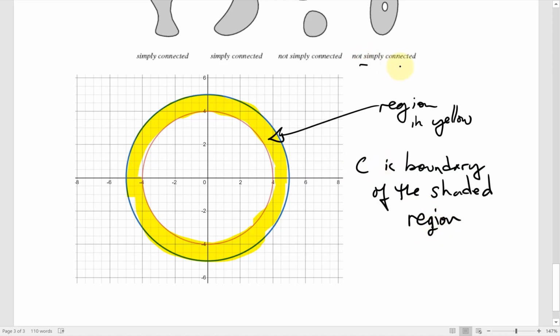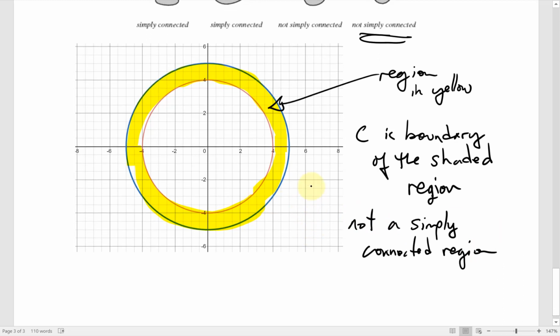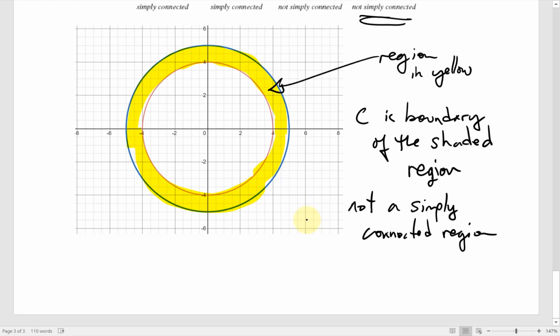So we're definitely looking at one of these not simply connected regions. However, we can still handle that because of the type of region it is. It has just this one hole in it, so it's easy to handle in the following way.